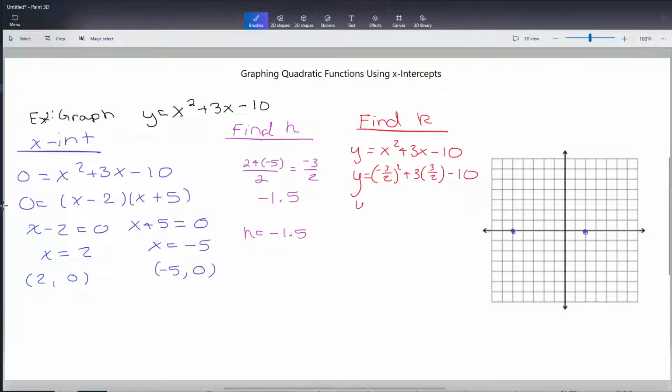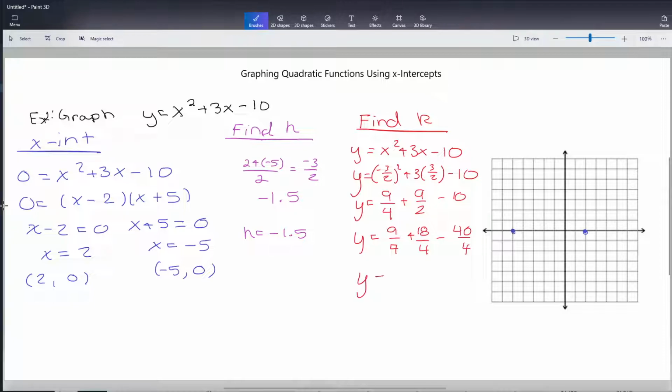So negative 3 halves squared is negative 3 squared, that's 9, over 2 squared, that's 4, plus 9 over 2 minus 10. Okay, so I'm going to give these all a common denominator of 4. So this is going to be plus 18 over 4, and this is going to be minus 40 over 4.